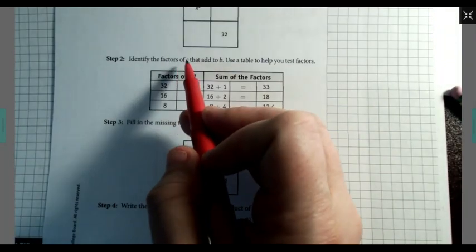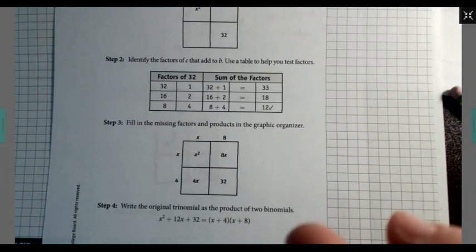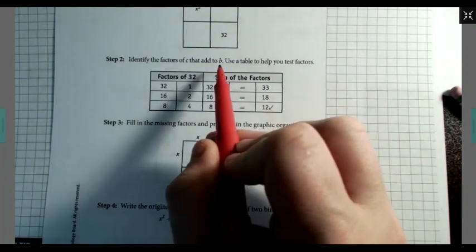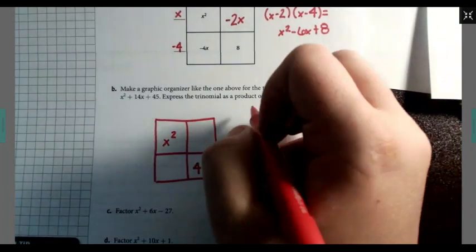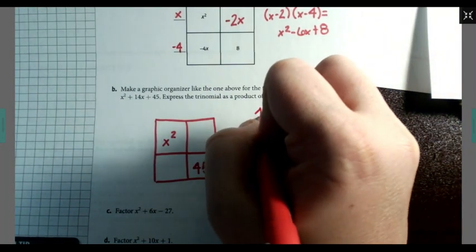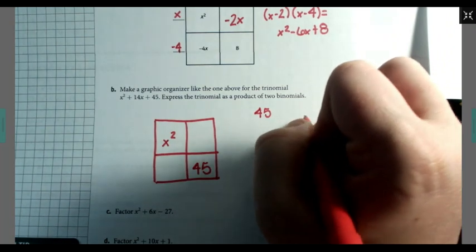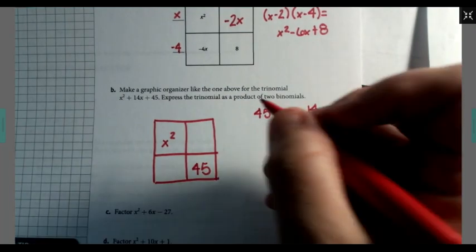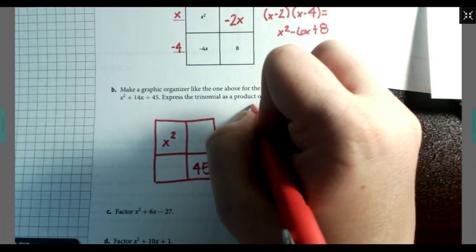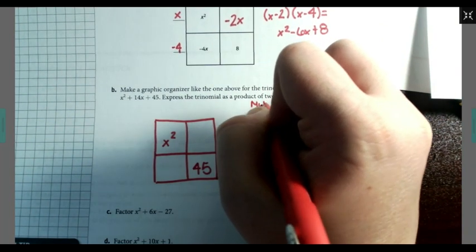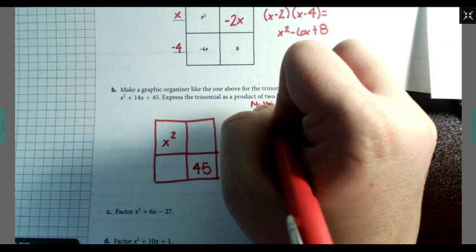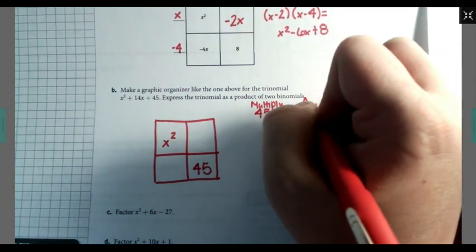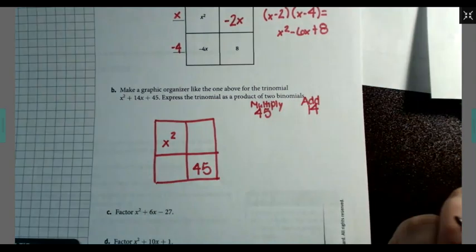Step 2. Identify factors of C. So what numbers multiply to give me C, but when added, give me B? Okay. So I'm looking for factors of 45 that sum to 14. So multiply to 45, add to 14.